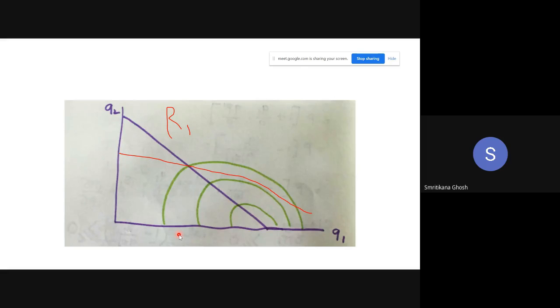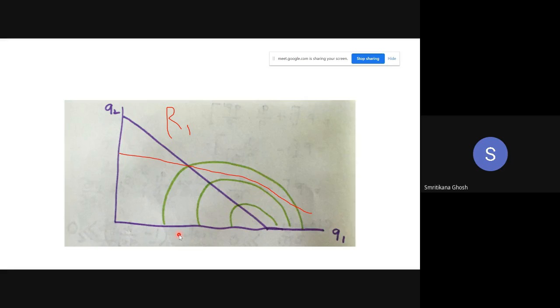There is a responsiveness of the follower with respect to the leader's decision, and that responsiveness will be represented by his reaction curve.